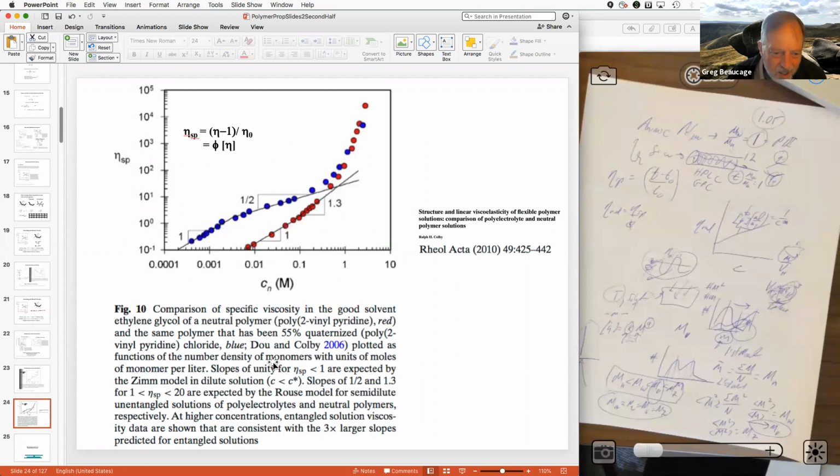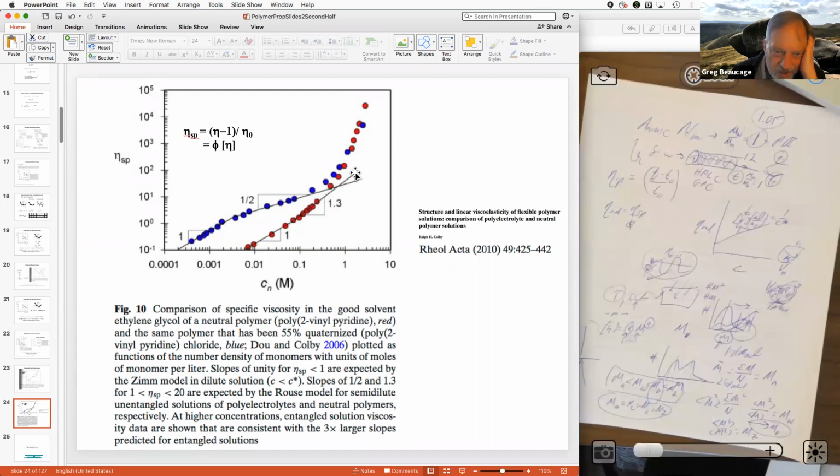It's the same polymer, but this is actually Colby, who wrote that polymer physics book, though this isn't in his book. Anyway, he's going up in concentration. You see these orders of magnitude in concentration, and then he sees a transition. That's the overlap transition for the chain that's not charged. And then the same chain, he adds charge to it, and he gets the blue curve.